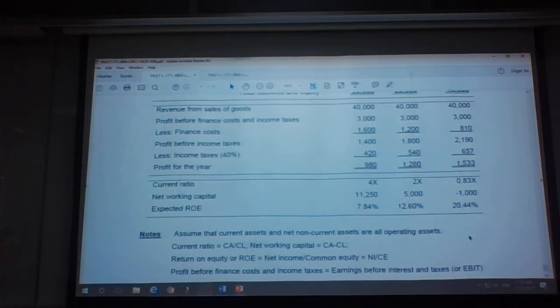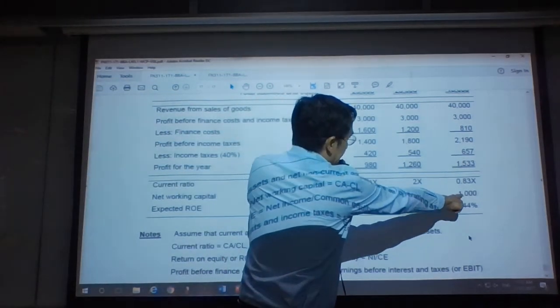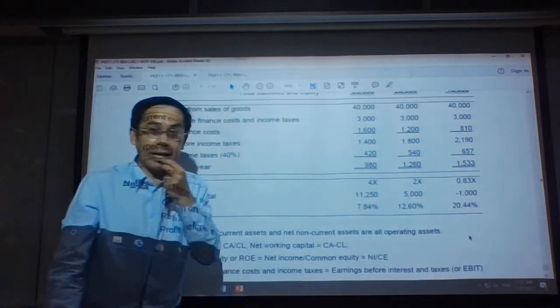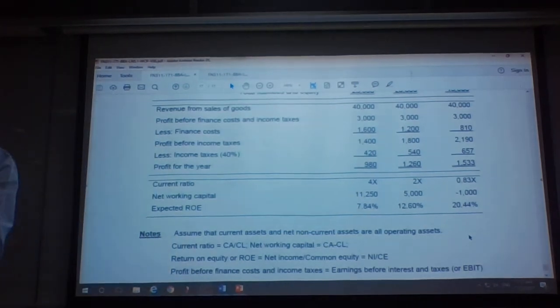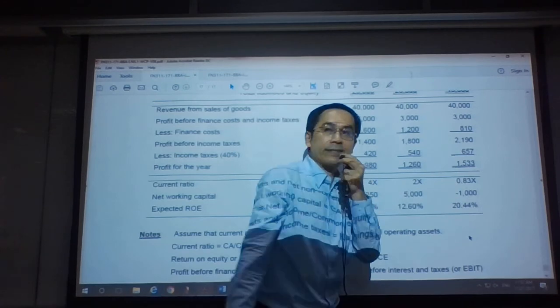By definition, net working capital is equal to current assets minus current liabilities, right? Or you can calculate the proportion between net working capital and sales. You're going to get the same thing. The proportion will be the lowest.